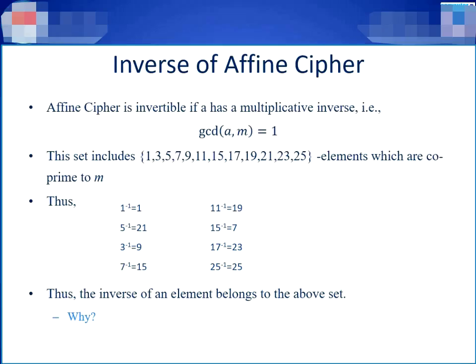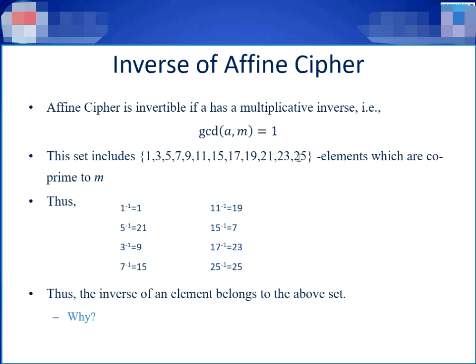If we go back to our alphabet, which consists of 26 letters, then the set of integers which can have a multiplicative inverse, that is, the set of integers for which the greatest common divisor of the number and the modulus, 26, is equal to 1, is these numbers.